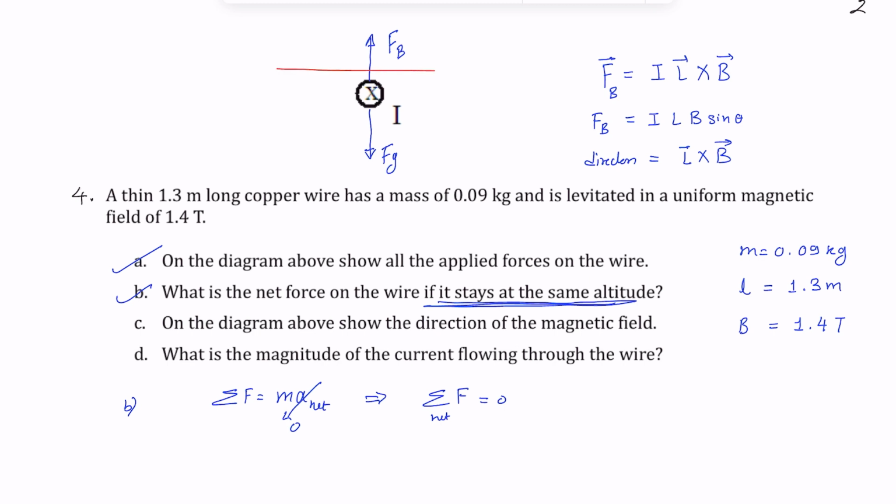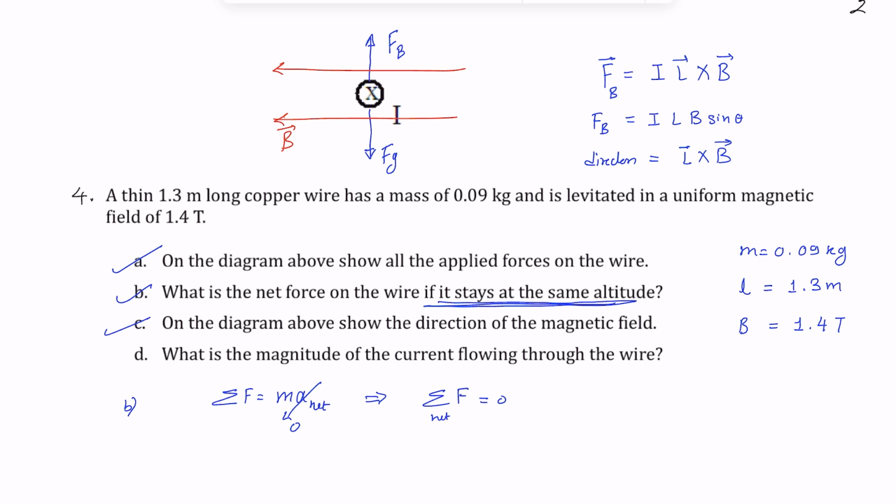You'll see that if the magnetic field is this way, only then you can have magnetic force this way, because current is going into the page, right? So you've got that length into the page, so you curl your fingers from the into-the-page direction towards the left direction, and your thumb points to the magnetic field. So the answer for part C is we just draw the magnetic field like the way I have drawn here.